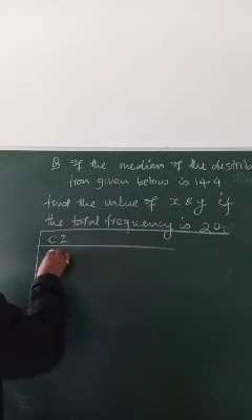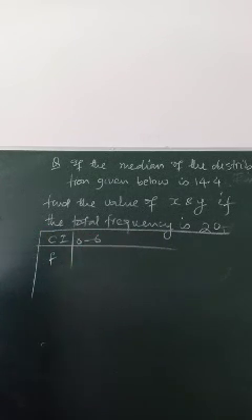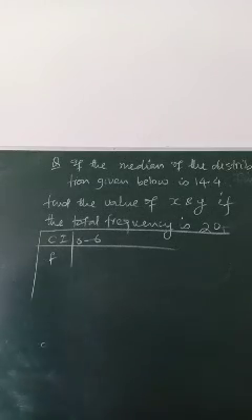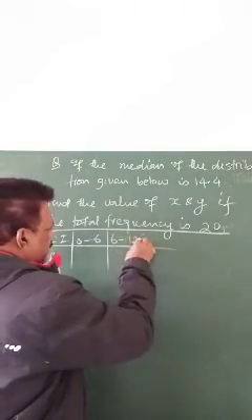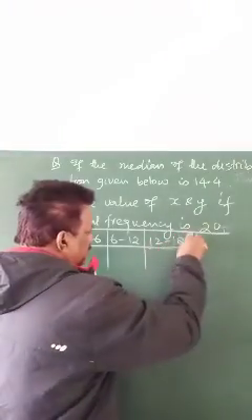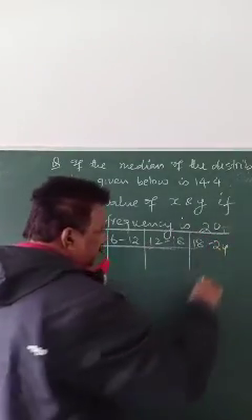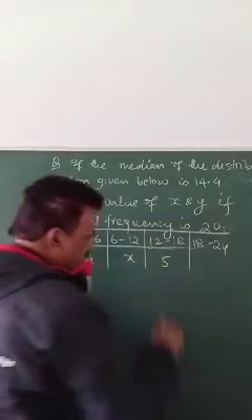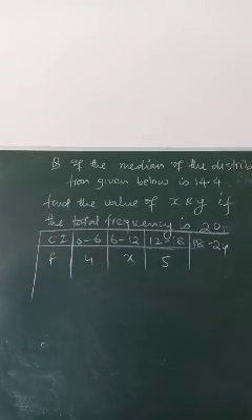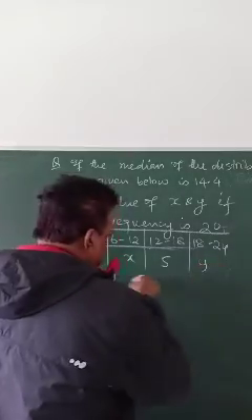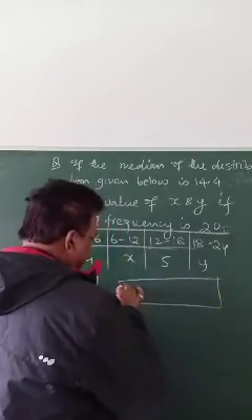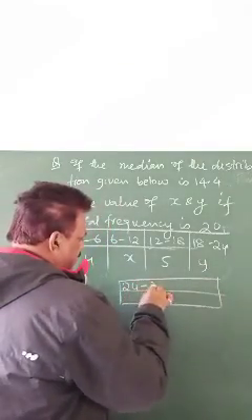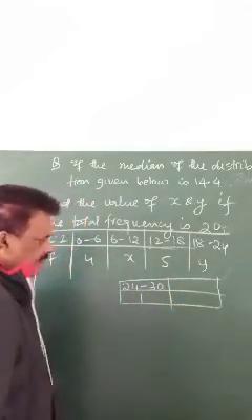CI, F: 0 to 6, 6 to 12, 12 to 18, 18 to 24, 24 to 30. Let me complete it. That is 4, x, 5, y, 1. 24 to 30 is 1.